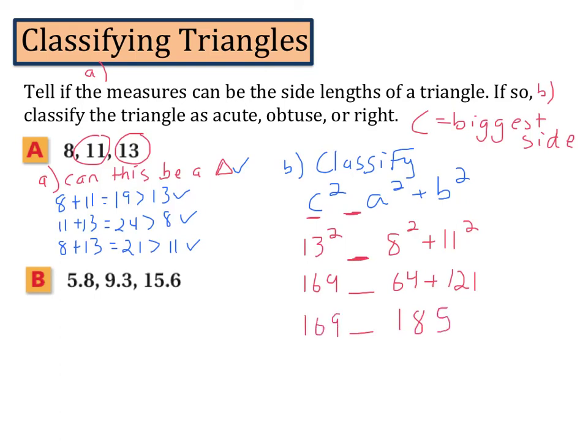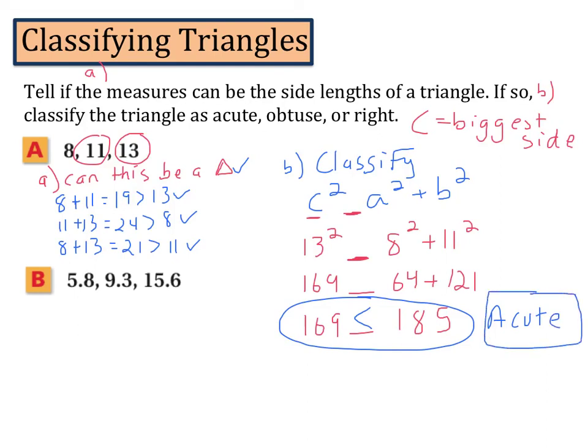So 169 is less than 185. Therefore, this triangle is an acute triangle. So the first step was to figure out whether it can be a triangle, and then use the Pythagorean Inequality Theorem to determine whether it was acute, obtuse, or right.